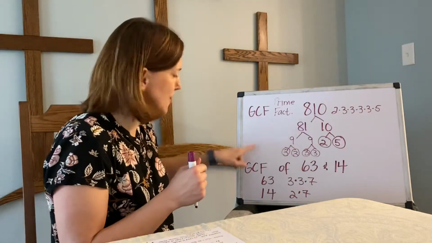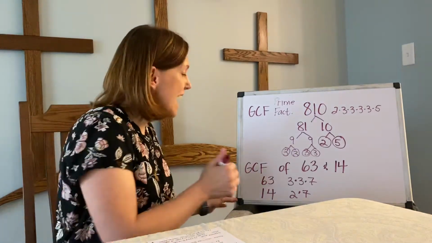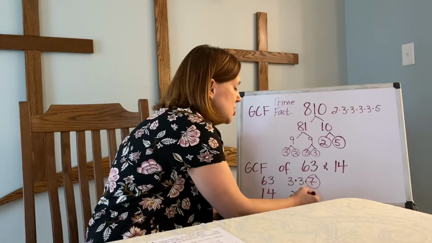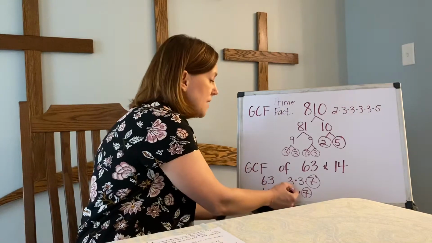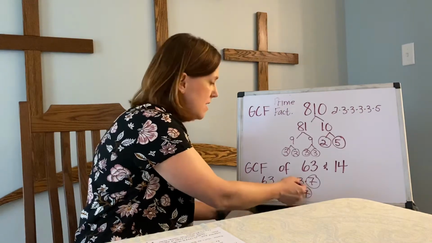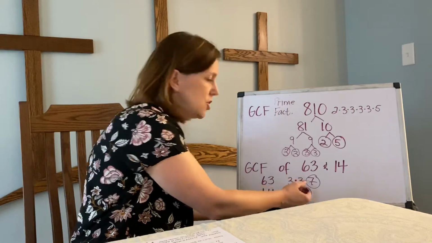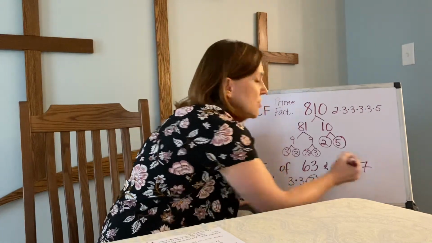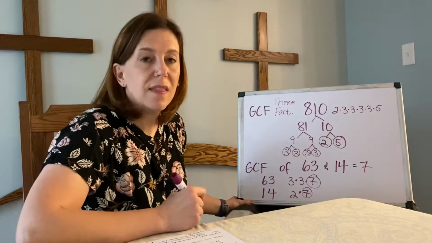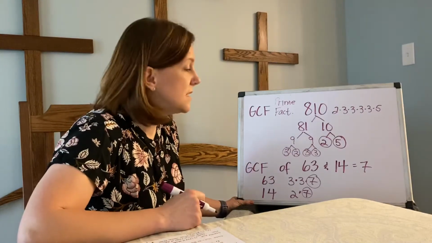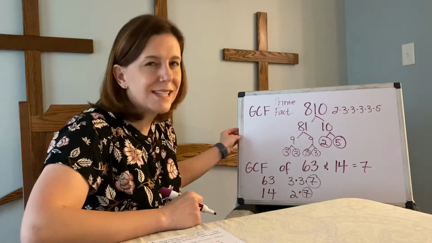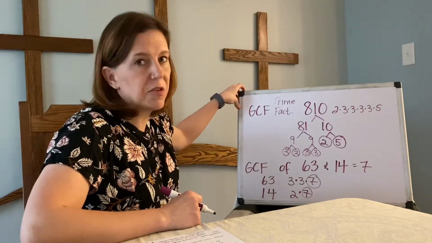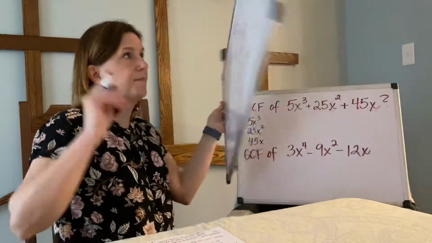Greatest common factor, and I know they each have a 7 in it. The 3 doesn't work because they don't both have a 3, and a 2 doesn't work because they don't both have a 2. So my greatest common factor of those two numbers is 7. That means that's the largest number that is divisible into either of those. Okay, well let's take that skill and apply it to polynomials.